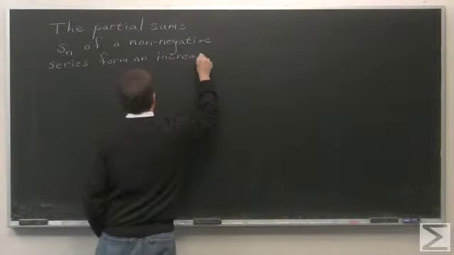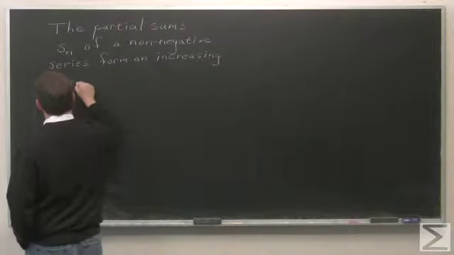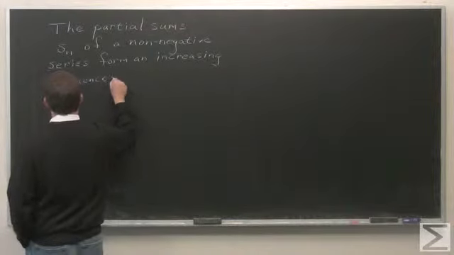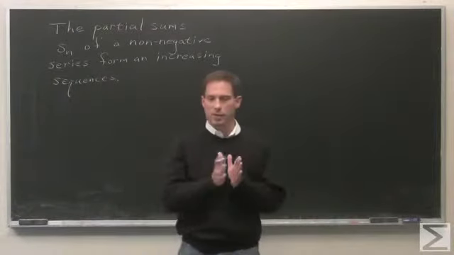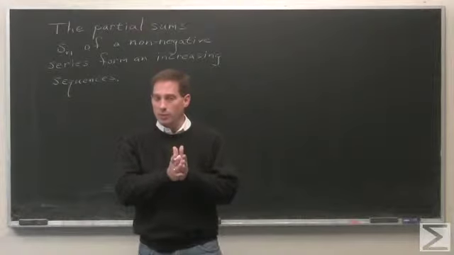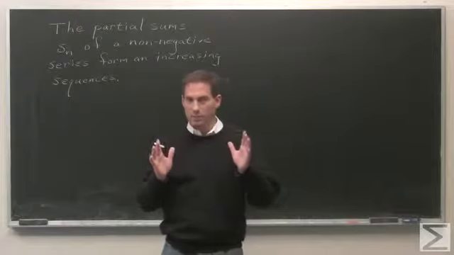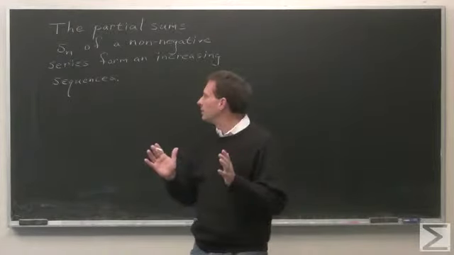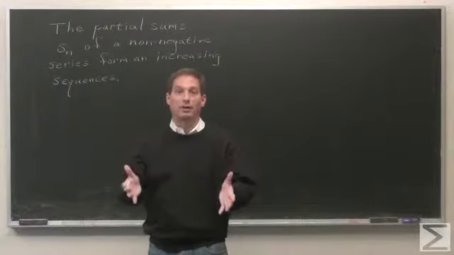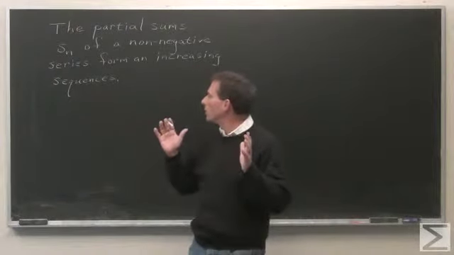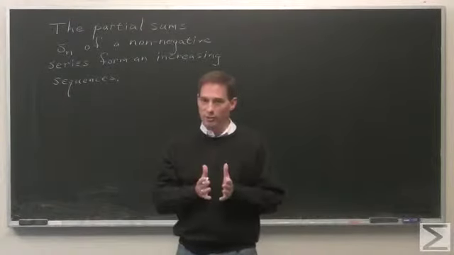But increasing sequences have an important property that we looked at back in the section on sequences. If a sequence is increasing, there are only two choices. Either it's bounded above, so all the S_n's are less than or equal to some number, capital M, and then the sequence converges.